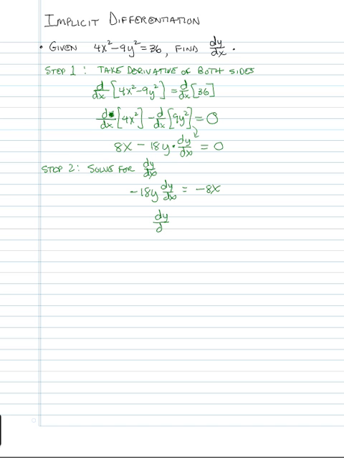When we divide on the left side by negative 18y, we're going to be left with dy over dx. And then when we divide on the right side by negative 18y, we'll have this expression, which can be simplified, can it? So let's see. Negative over negative is positive, and 2 will go into 8 4 times, into 18 9 times. So doesn't this become 4x over 9y?